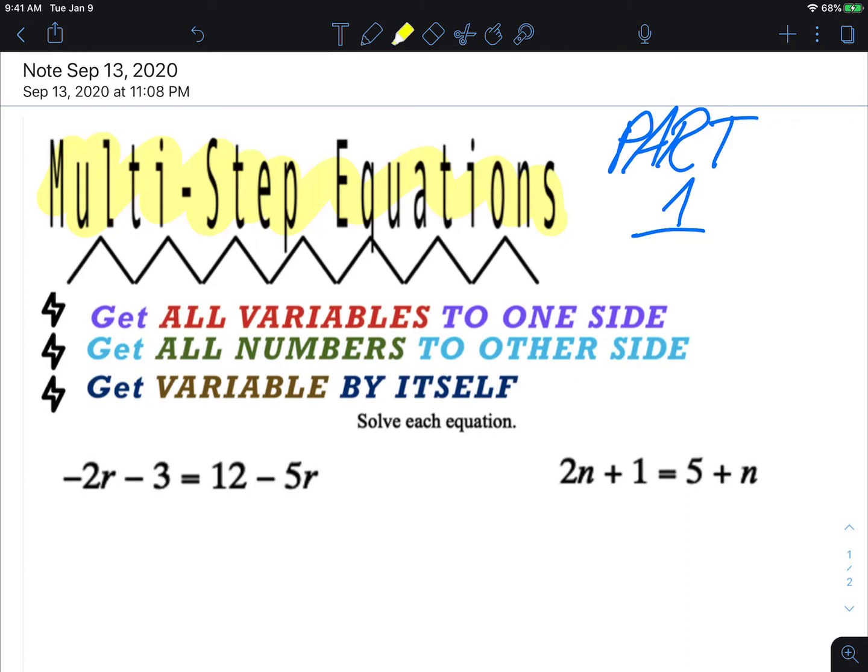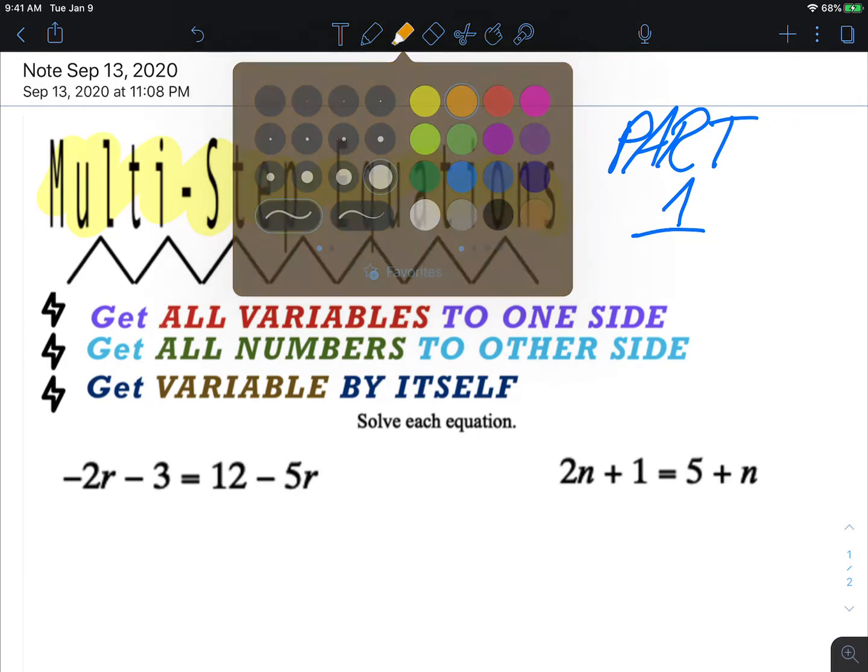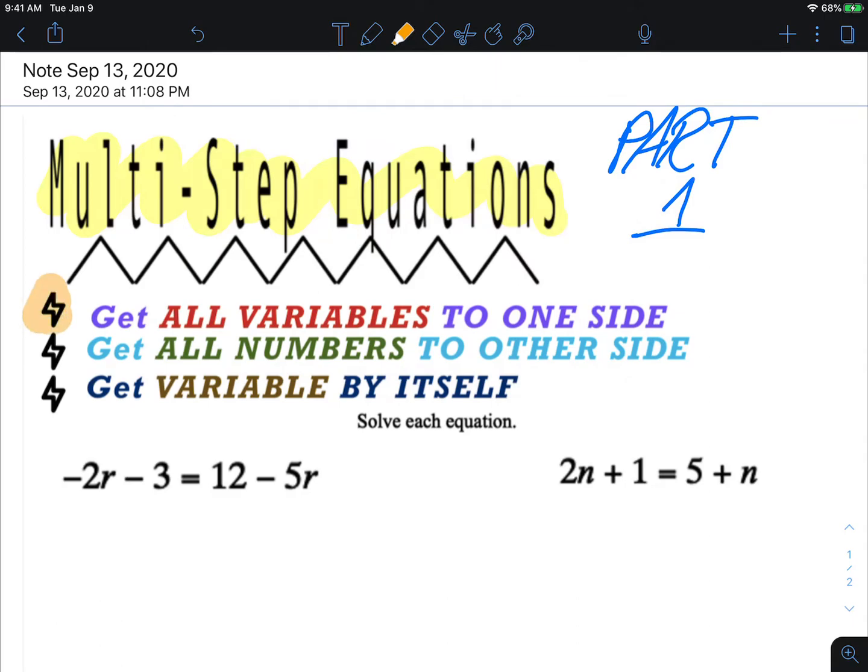We will begin with our first lightning bolt. The first lightning bolt says get all variables to one side. The goal is to get all variables, all the letters, to one side of the equal sign.